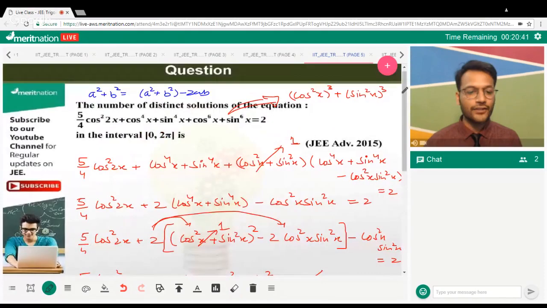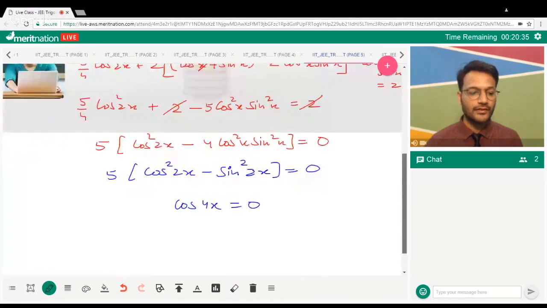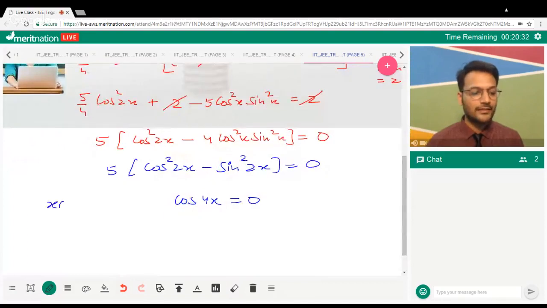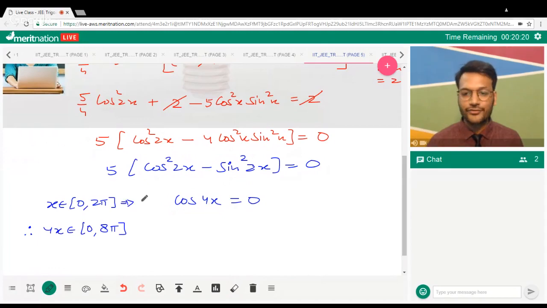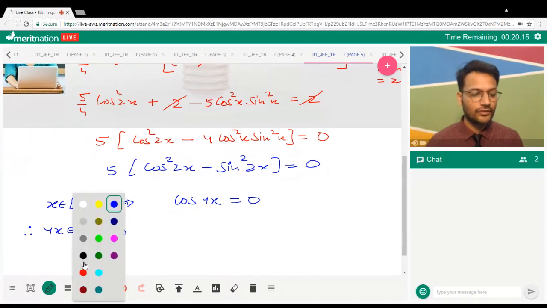What we had to find out is the number of distinct solutions from 0 to 2 pi. So x belongs to 0 to 2 pi. Therefore, you can say 4x will belong to 0 to 8 pi. So for this, cos is 0 for 2 values of x. For this, cos is 0 for 2 values of x.